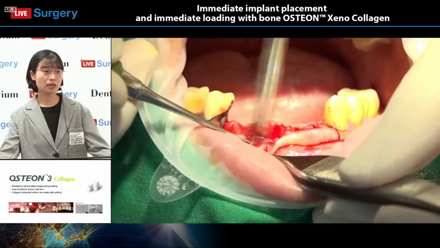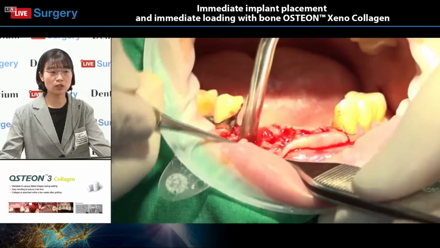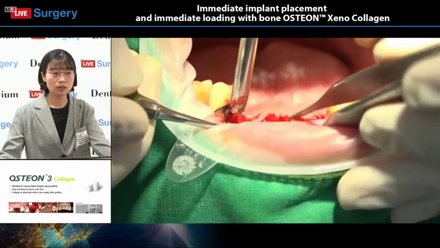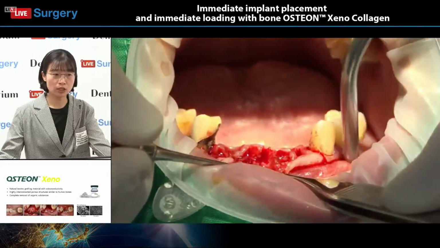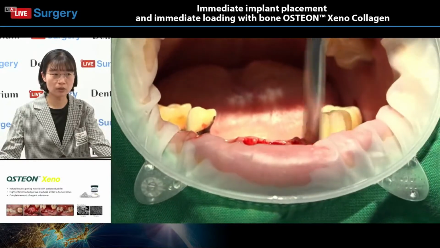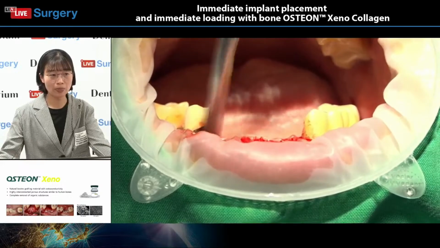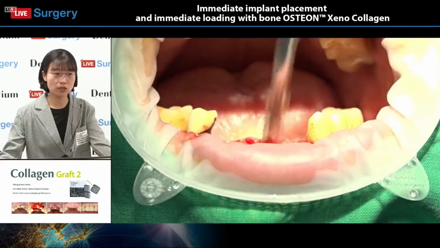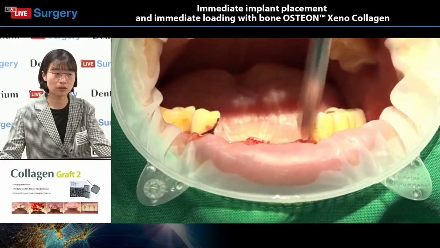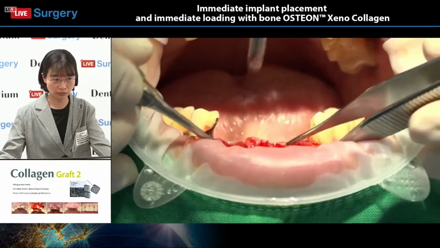I think that in these chronic inflammatory conditions, the removal of the granulation tissue is the main time point and main procedure for successfully placing the implant.